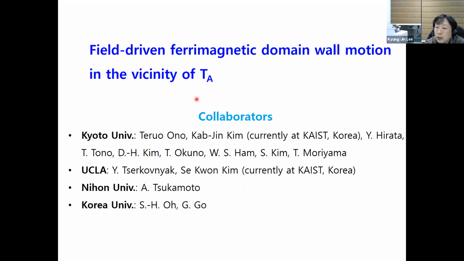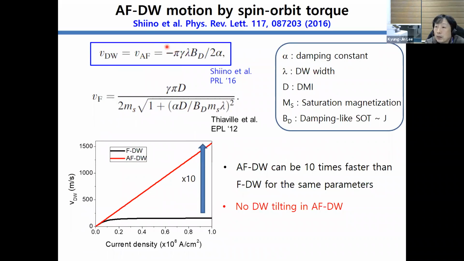This work has been done in collaboration among Teruo Ono's group at Kyoto University, Yaroslav Tserkovnyak's group at UCLA, Tsukamoto at Nihon University, and my group. So let me first introduce the antiferromagnetic domain wall motion theory driven by spin-orbit torque. The resultant equation is this one.